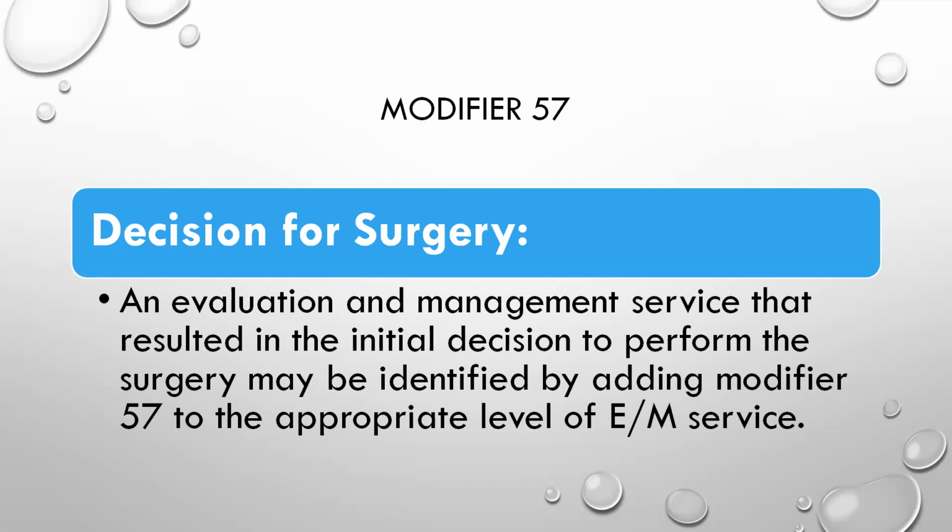If your doctor sees the patient in the office a month ahead of time, a week ahead of time, whatever, you cannot append a 57 modifier because it only applies to the day prior or the day of the surgery.